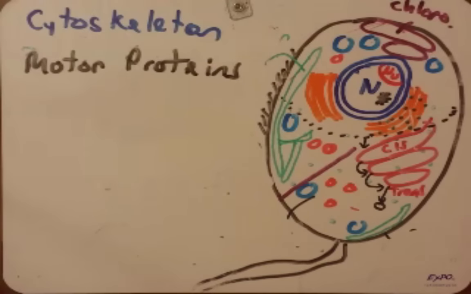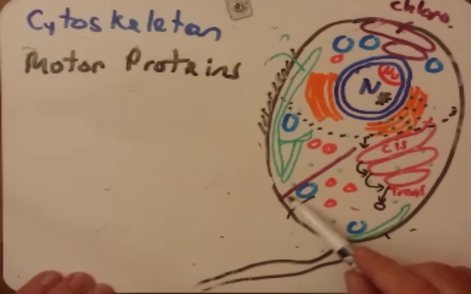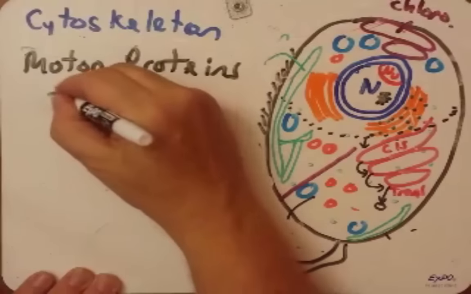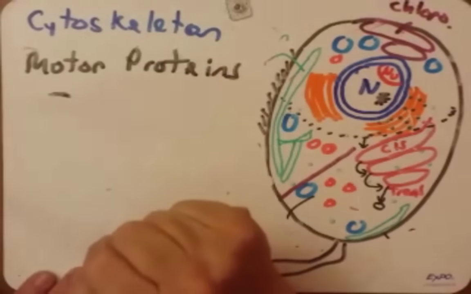But for now, I want you to know that this cytoskeleton, as I mentioned before, can move organelles, and the organelles don't just randomly move, they require energy. And that energy is provided by these motor proteins.